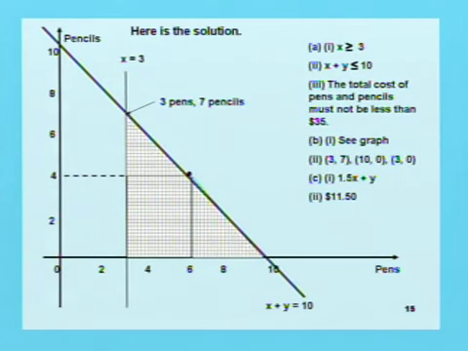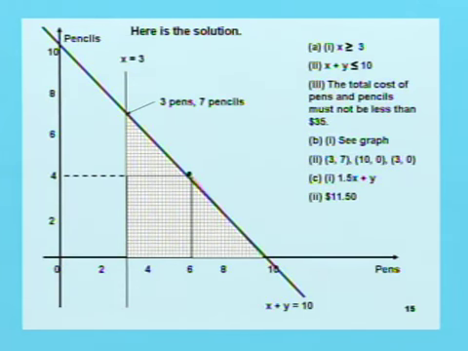Then we have (3, 0). If you look at the graph, the point on the x-axis again, where the vertical line crosses the x-axis, that is the point (3, 0). So those are the 3 points given around the solution region.